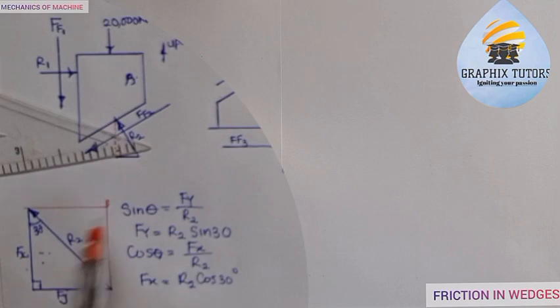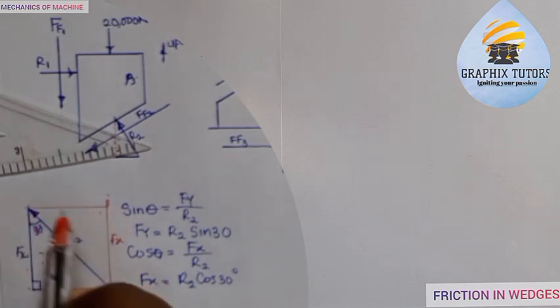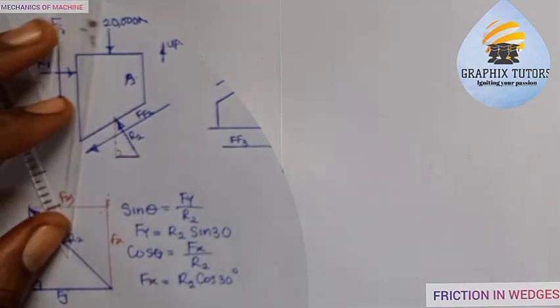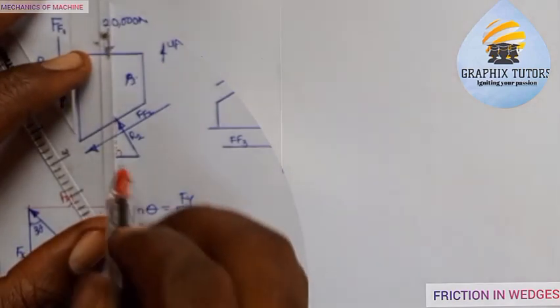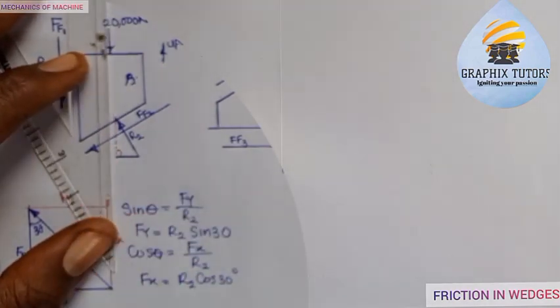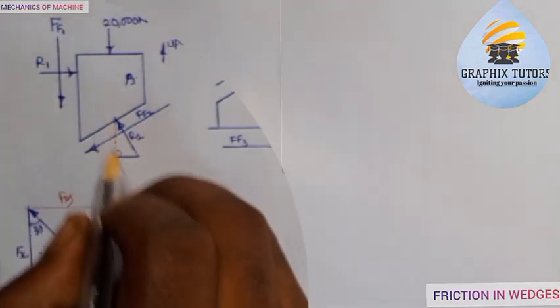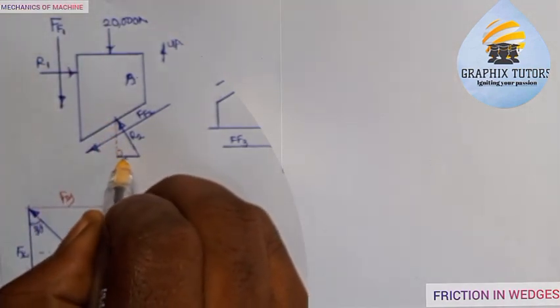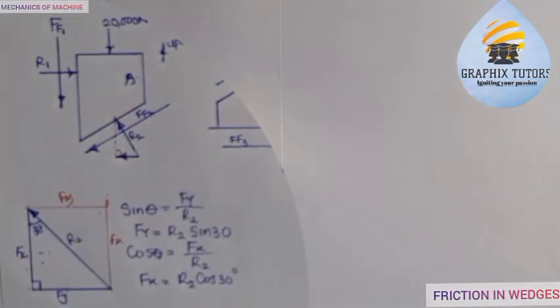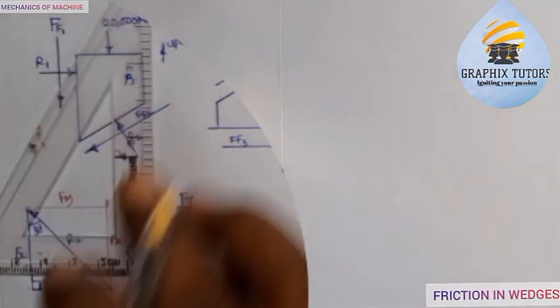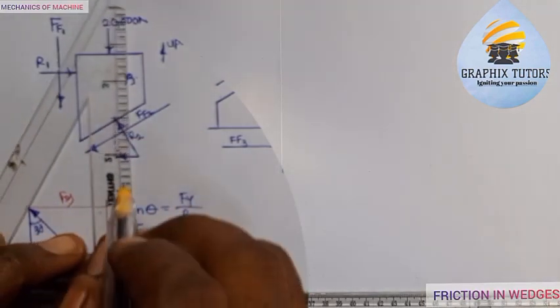F of x here, from here to here is f of x, from here to here is also f of x. From here to here, f of y, from here also is f of y. So if I want to, I can still place my force to be at this point here. Is that okay now? So I can come here, the arrow, since it's going outward, it will go this way. You can see that? And I can just put it here just to avoid confusion. So let me just put it here.